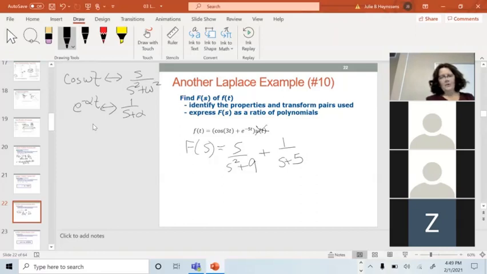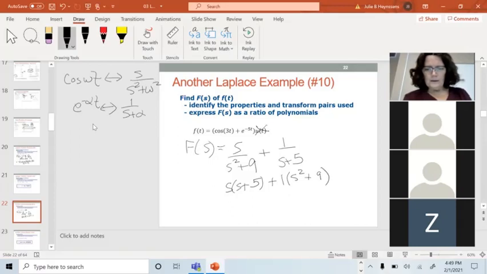And again, I want to put this over a common denominator. So the first one I'd multiply by s plus 5. And the second one I'd multiply by s squared plus 9. And then it would be over s squared plus 9 times s plus 5. This was the part everybody hated in Algebra 2.